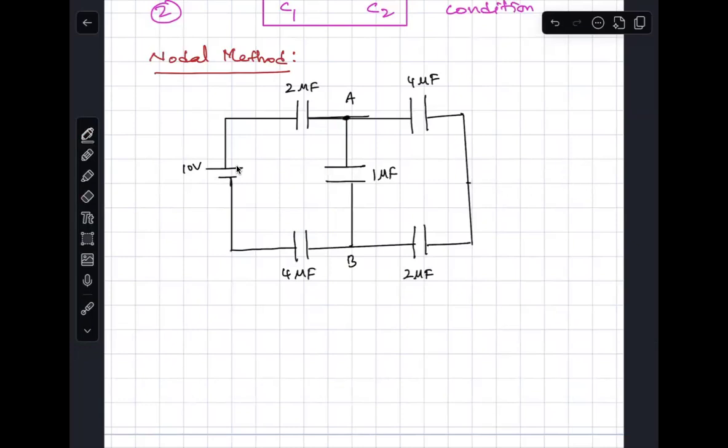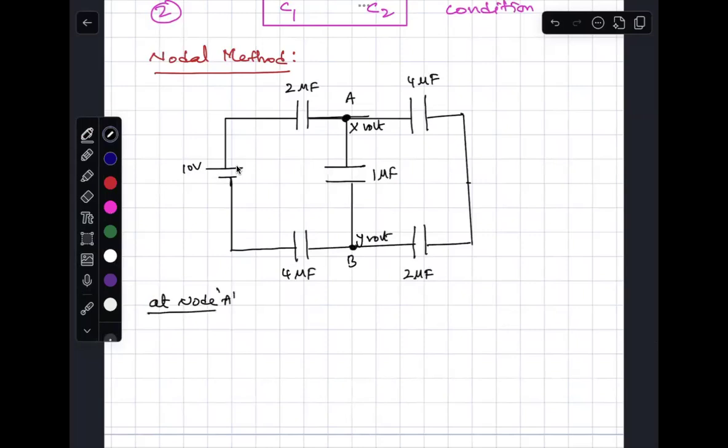Node means a junction we will take as a reference. Now I am taking A as a node. Let the potential be X volt here. Let the potential be Y volt here. Right? I'm assuming it like that. Here, at node A, net charge is 0. Means I will take that voltage itself as the final thing.